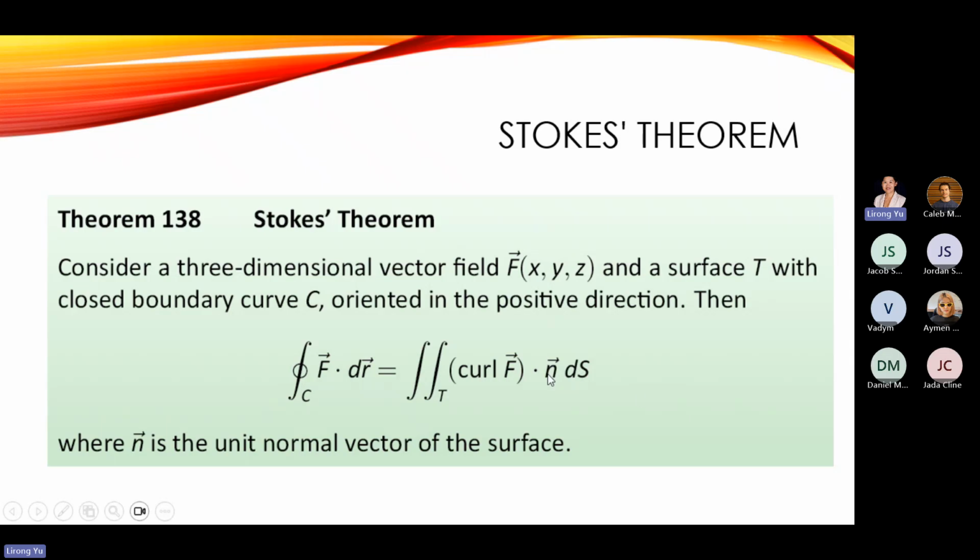On the other hand, n is r_u cross r_v divided by its magnitude. So n itself has a division of the magnitude, but dS has a multiplication of the magnitude. These two multiplied, you really could combine into just a vector itself, dA. So that's a conversion there. Keep in mind that's how we convert from the regular surface to dA.